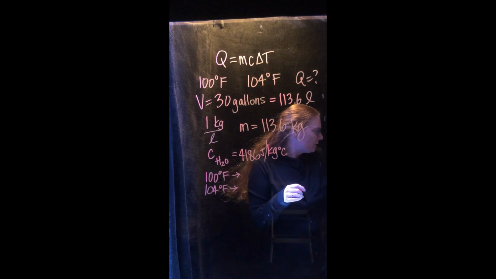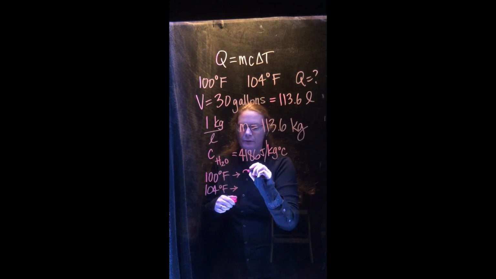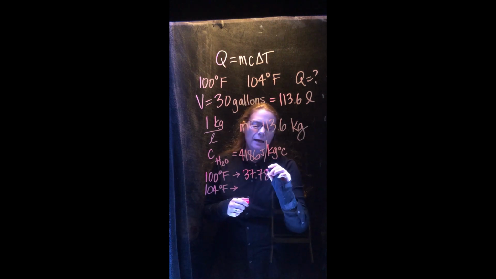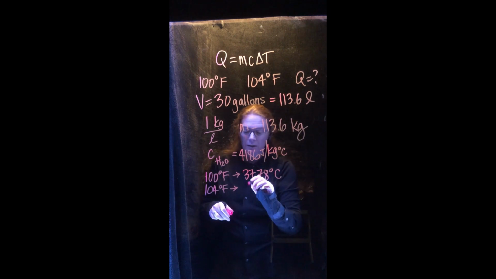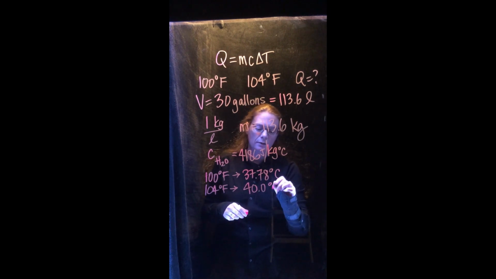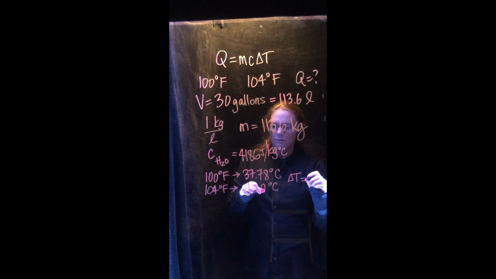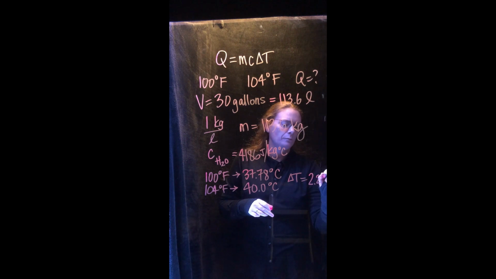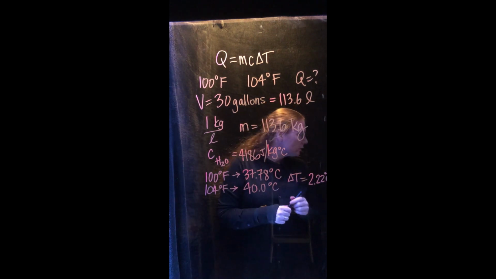So 100 degrees F is 37.78 degrees C, and 104 degrees Fahrenheit is 40 degrees C. Okay, so my delta T is 2.22. Good, 2.22 degrees C. All right, so that's my change in temperature.